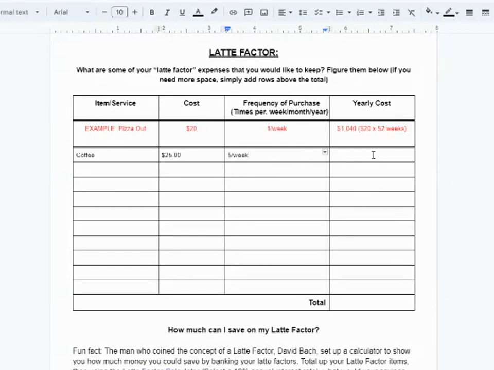That's how often I go. So 25 times 52, because there are 52 weeks in the year, is $1,300. That's a lot of money. Let's just say that is my only latte factor. So my total annual latte factor is $1,300.